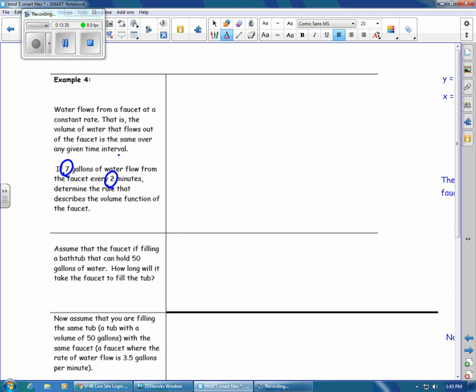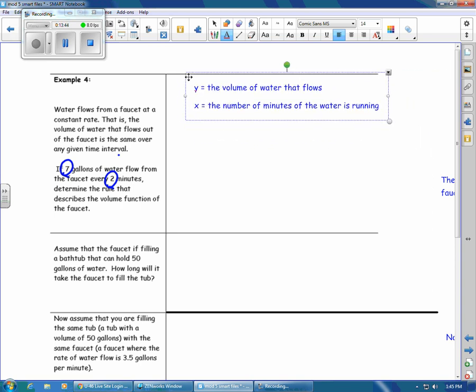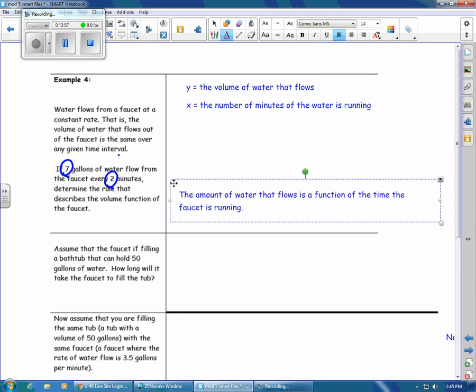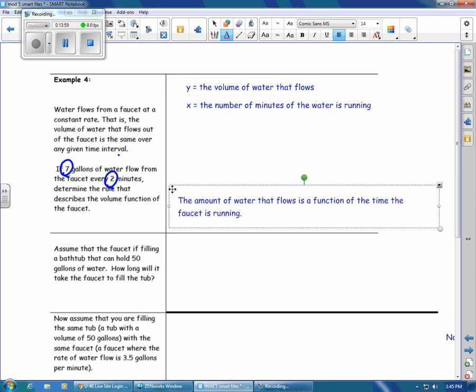So y is going to be the volume of water that flows. X is the number of minutes that the water is flowing. The amount of water that flows is a function of the time that the faucet is running.